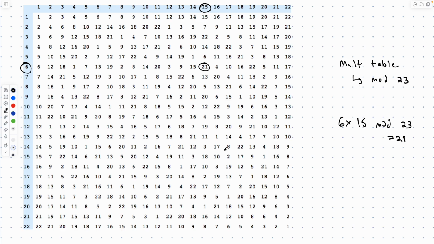Now, the first thing I want to ask you is every number invertible? Invertible means that there's some other number, and if you multiply it by that number, you get a 1. Okay? So I'll tell you the answer. The answer is yes, every number is invertible. But looking at this table visually, can you show me why that's the case? Like what is it about this table that would prove to me that every number is invertible?